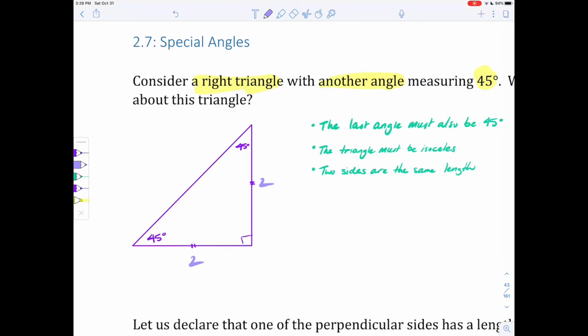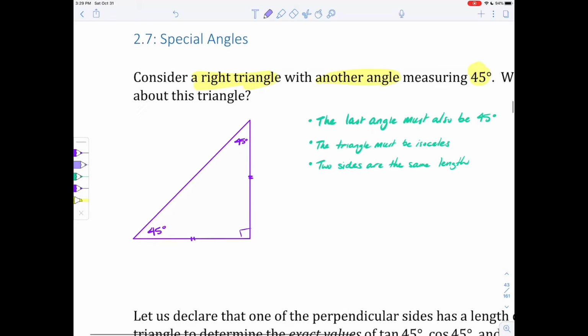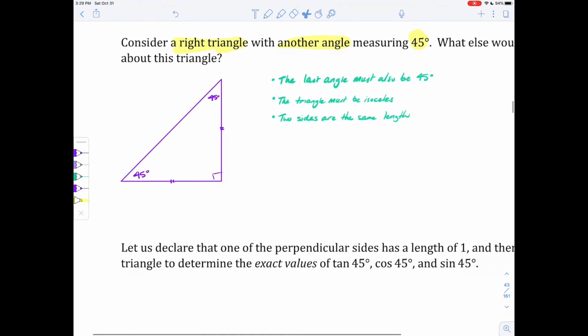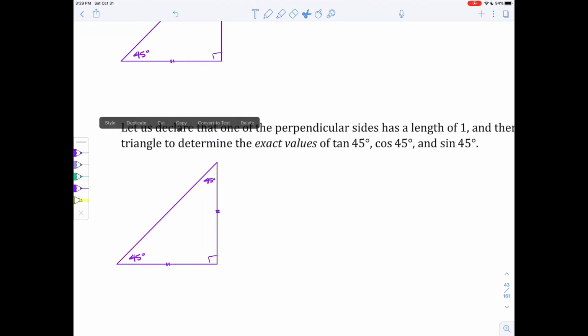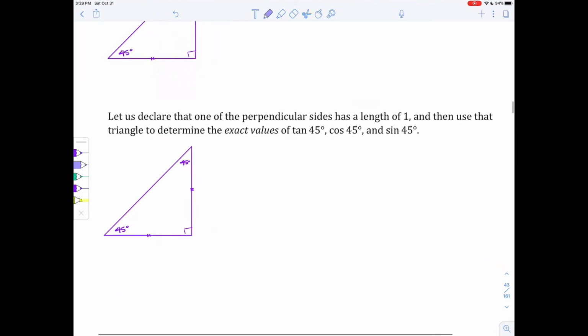But what's easiest is if we say we have a very special particular case. Let's say that one of these two side lengths has a length of 1. So if this guy has a length of 1, that means the other one has to have a length of 1.